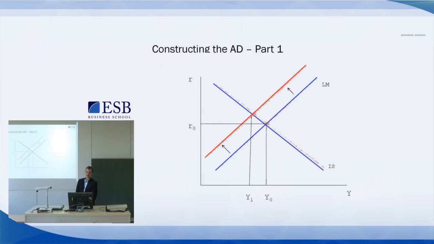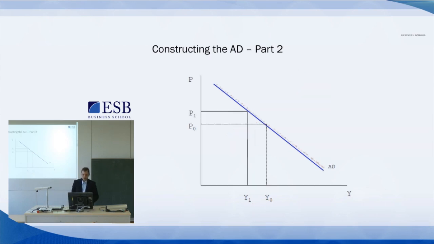And that is what you can see in this graph. Due to a higher price level, we will move from here to our new equilibrium here. So what we see is that output is going down, but the price level, as I already said, that was the key assumption, is higher in this equilibrium.